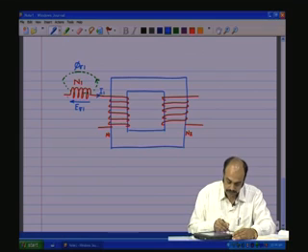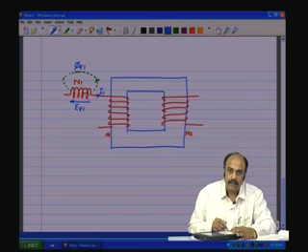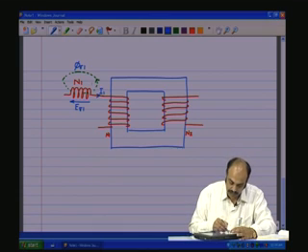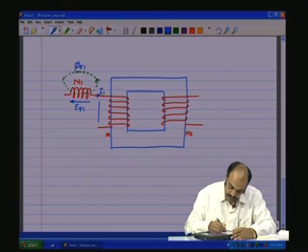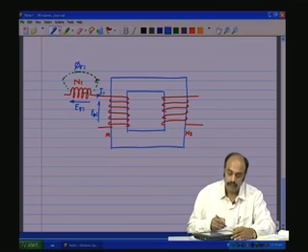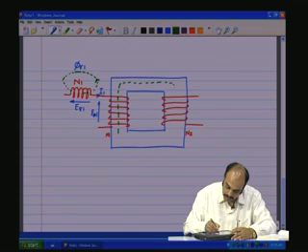So, this is an equivalent coil which is just producing the leakage flux, and this is producing the voltage which is being induced due to the leakage flux, E sigma 1, and this is producing EM1, the primary side induced EMF due to the mutual flux which is linking both the primary and the secondary coils.